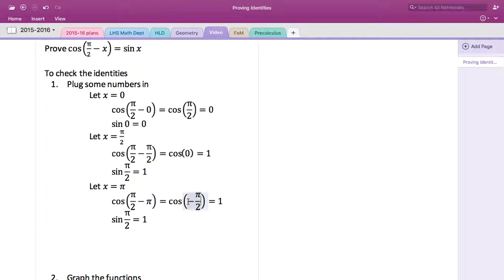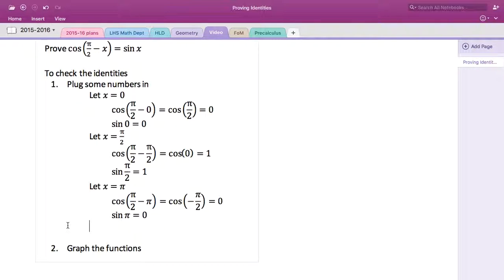That means it's 270 degrees. What is the x coordinate? It should be 0. How about sine of pi? That's 180 degrees, and the y coordinate is 0. So it comes out the same. If we plug in 3 numbers and everything came out the same, we are very confident that cosine of pi halves minus x is equal to sine of x.